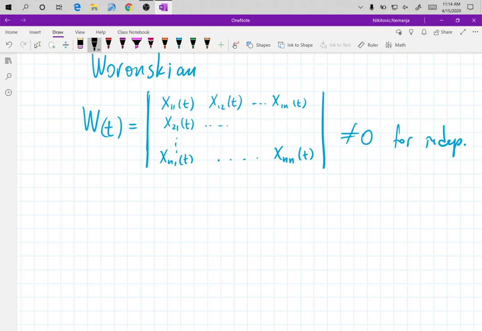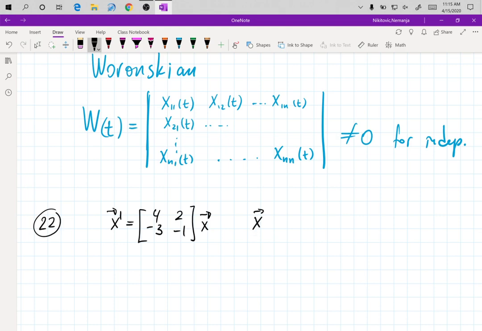Let's go to the homework page and find an example where we are supposed to verify that solutions are linearly independent. There we go. So problem number 22. This is a 2 by 2 case. So we have x prime equals the matrix 4, -3, 2, -1 times x. These are all vectors.